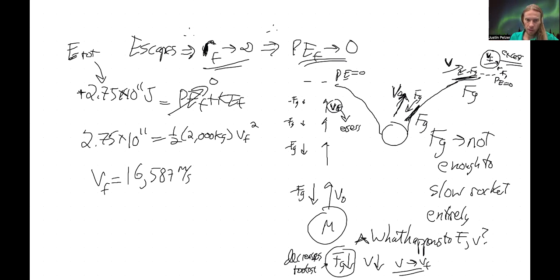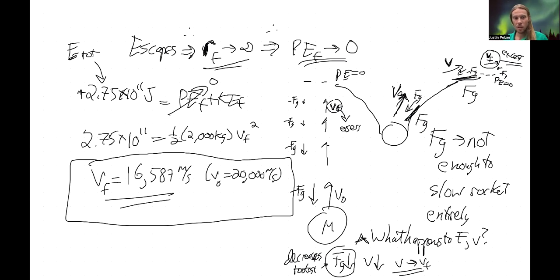Remembering that the initial was 20,000. So we decreased our speed a little bit, a little slower, but not much. We had a lot of excess, didn't we? So this is its escape speed. This is as it approaches infinity. It will approach this value. So it escaped pretty well, didn't it?